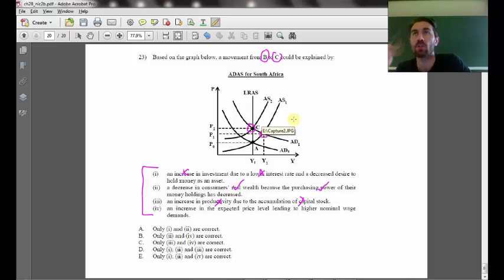Why not? Because remember, when we increase investment, we increase capital, right? That's what investment is. That's where it goes, into capital. If we're increasing capital, we should be shifting the long run. Correct? So why, when we talk about an increase in investment, do we not also talk about a shift in the long-run aggregate supply?